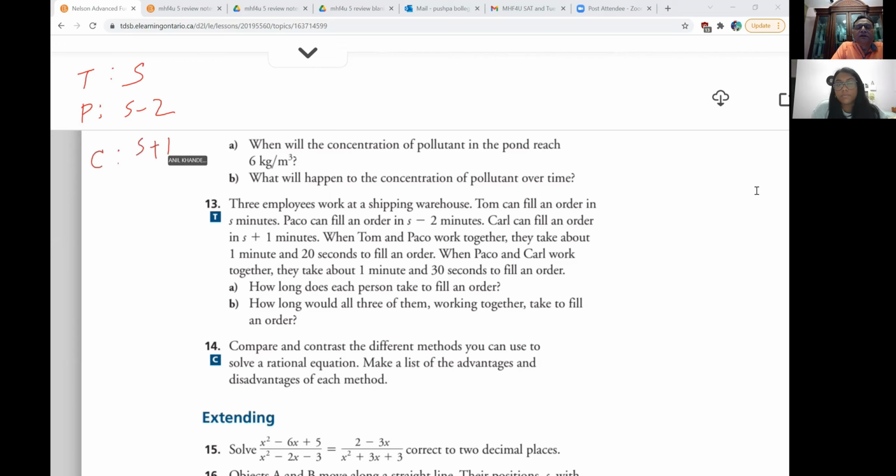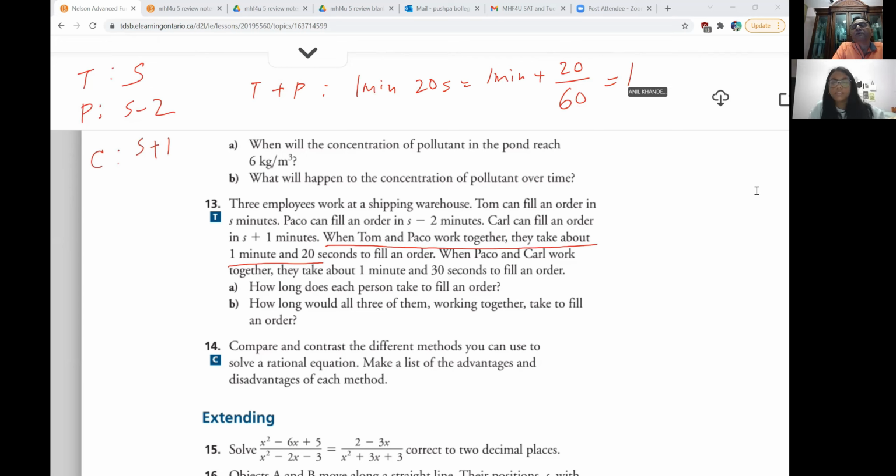Now we are given a condition: when Tom and Paco work together, they take 1 minute, 20 seconds, which is 1 minute plus 20 over 60 minutes, right? Which 60 is seconds. 1 plus 1 over 3, or 4 over 3.